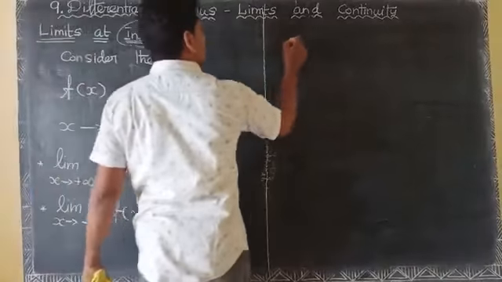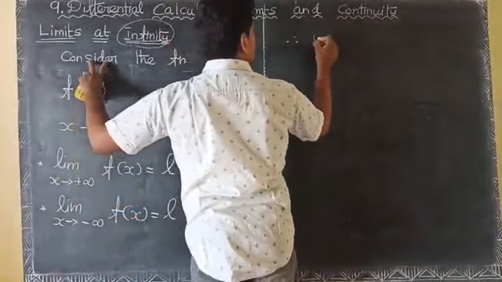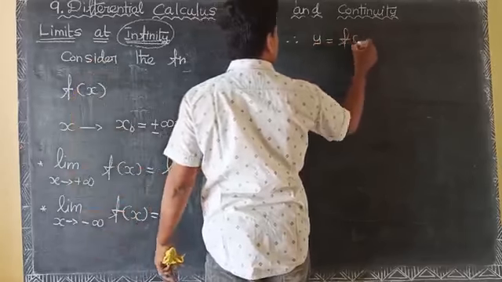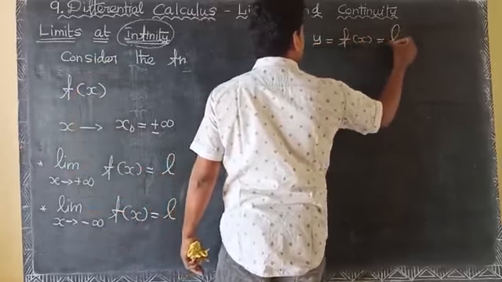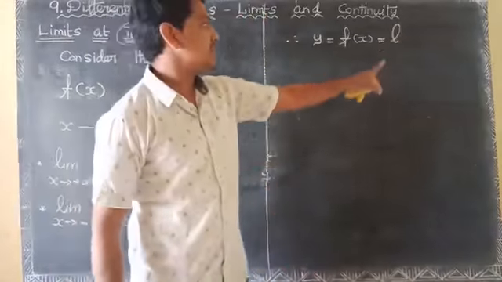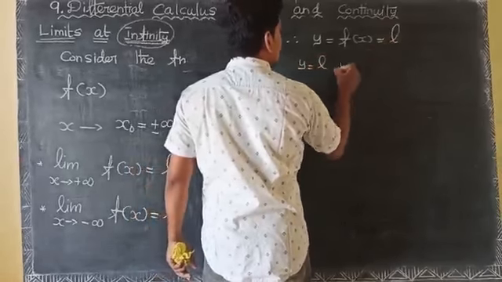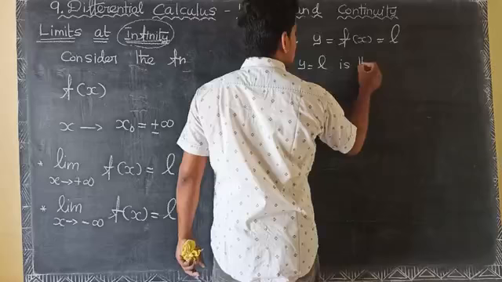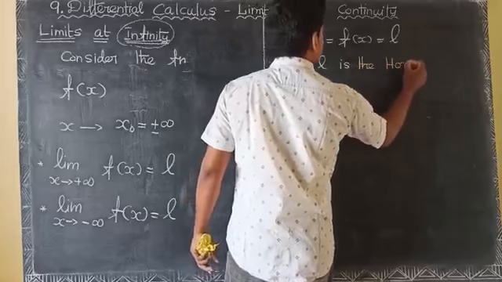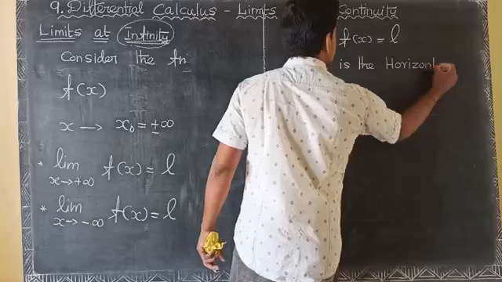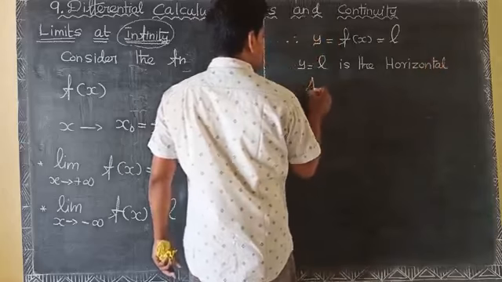Therefore, for the function y equal to f of x, the function has some limit L. Here y equal to L is the horizontal asymptote.